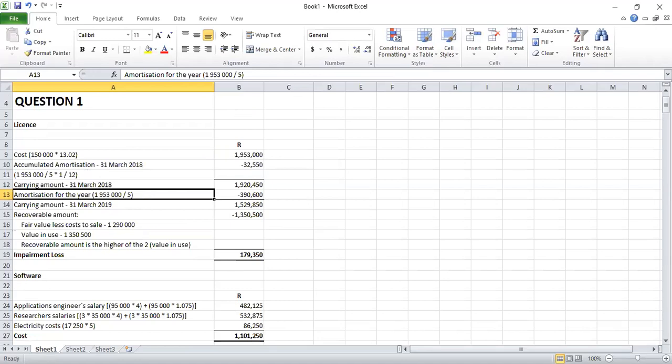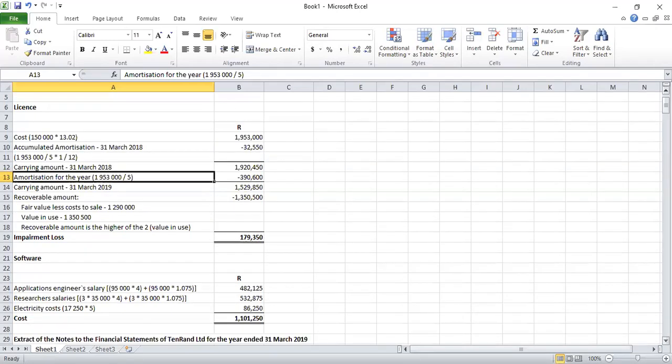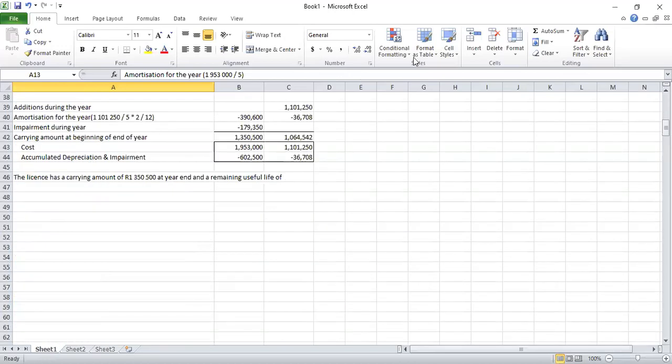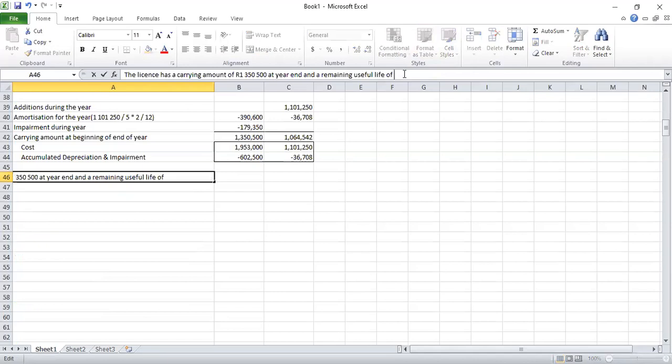So if we remove 1 year 1 month from 5 years, we remain with 3 years and 11 months, after taking out the 1 year and 1 month that had already passed at year end.